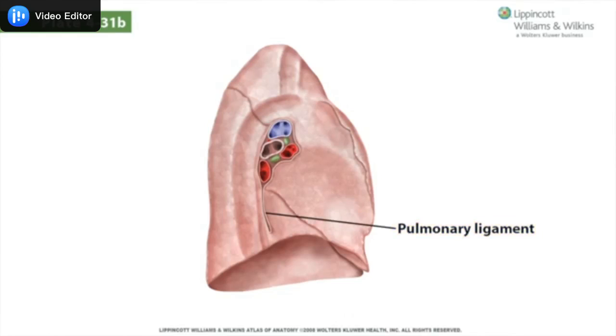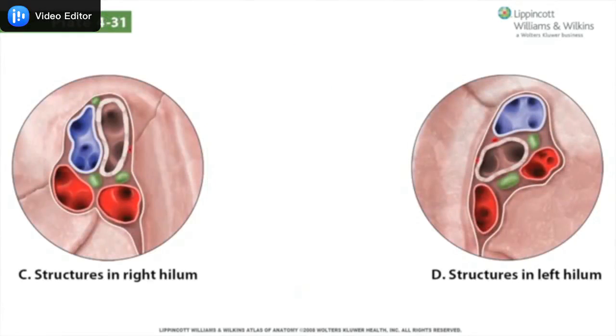The visceral and parietal pleura are continuous with each other at the root of the lung. The hilus, or hilum, those terms are synonymous, and they're both singular. The plural is hila. It is the two-dimensional structure on the mediastinal surface of the lung where structures enter and exit the lung.